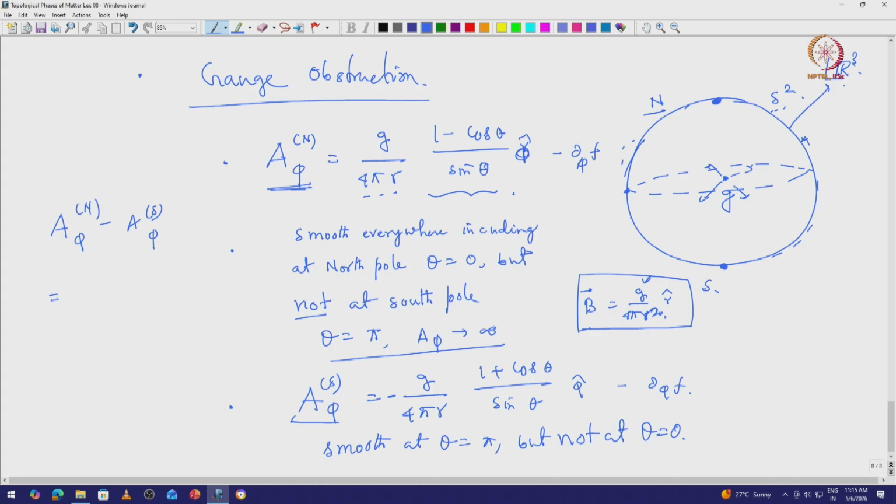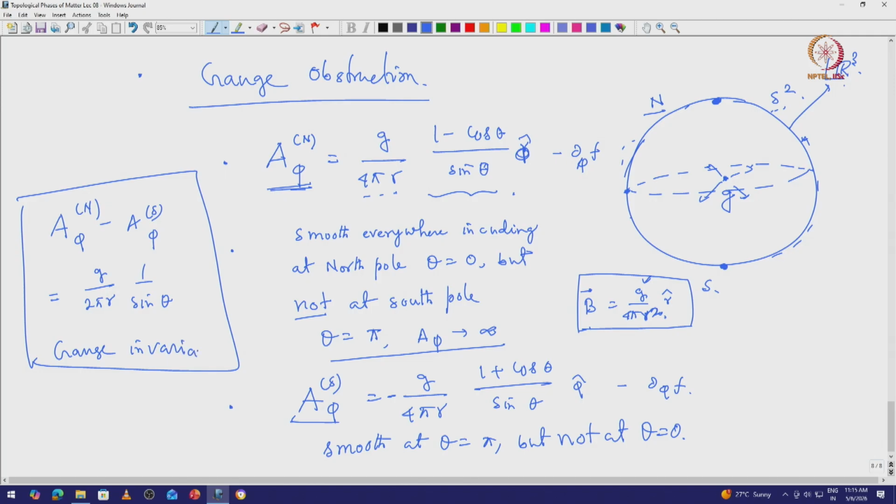That will come out to be g by 2 pi r times 1 over sin theta. Okay. And this is called the gauge obstruction.